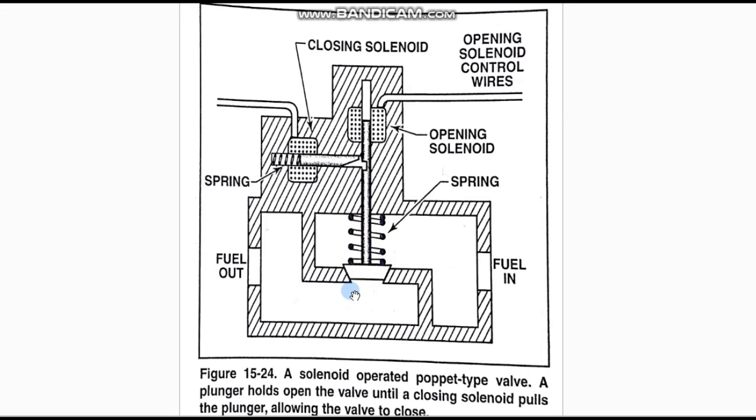In the event I want to close this flow, I will send a signal or electrical power to the closing solenoid control wires. When the power comes here, it will move this to the back because it is a solenoid, and this, being spring loaded, will go down and close our valve. This is the solenoid valve.